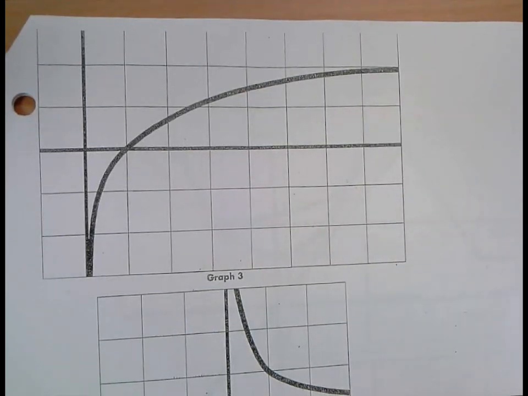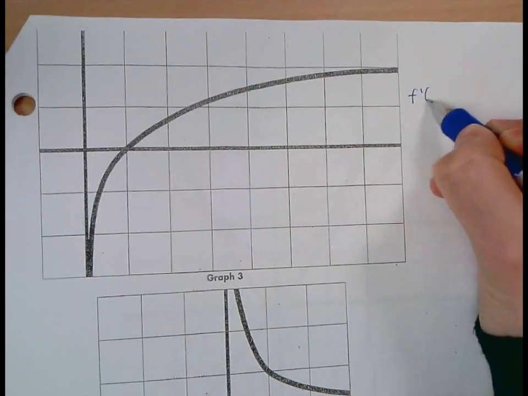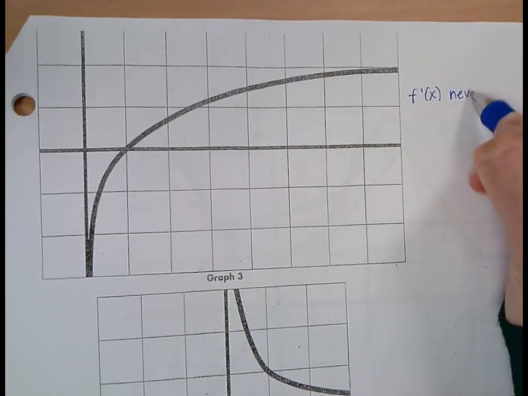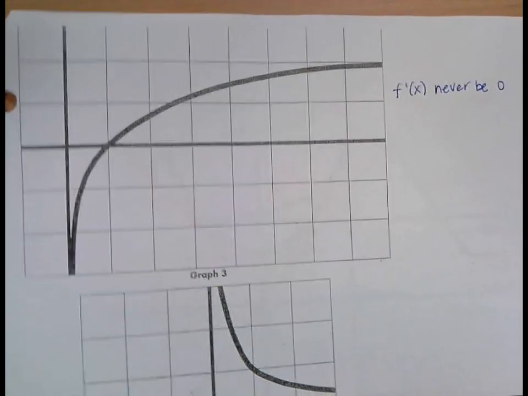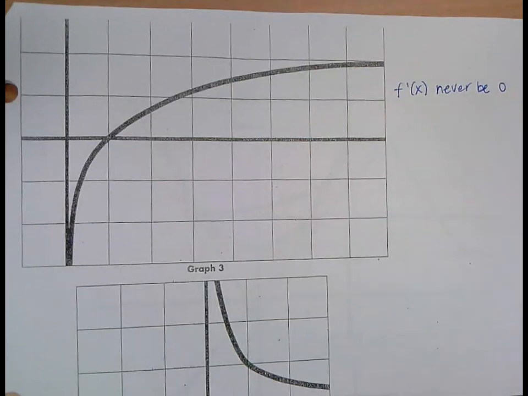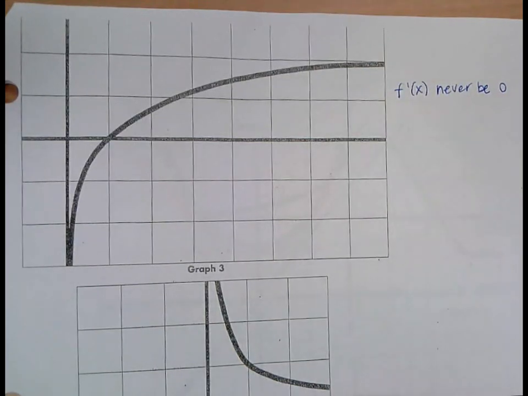So if f never has a horizontal tangent line, this means f prime of x will never equal 0. That doesn't make sense English-wise, so ignore that. But you get the idea. f prime of x is never 0. That's what it's meant to say.